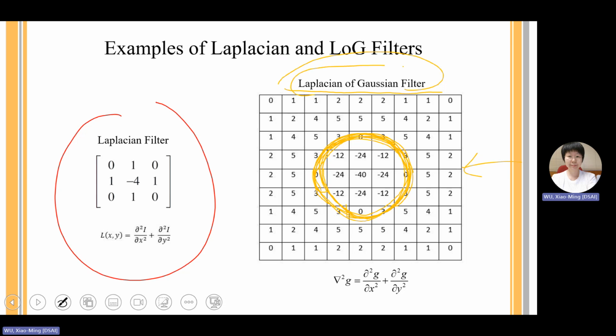Of course, we can have a set of LOG filters with different sizes, sigma, and they will look different. So this is just an example of a LOG filter with a certain sigma. The sigma value determines the size of the Gaussian kernel. And you can see the zeros are around this circle.